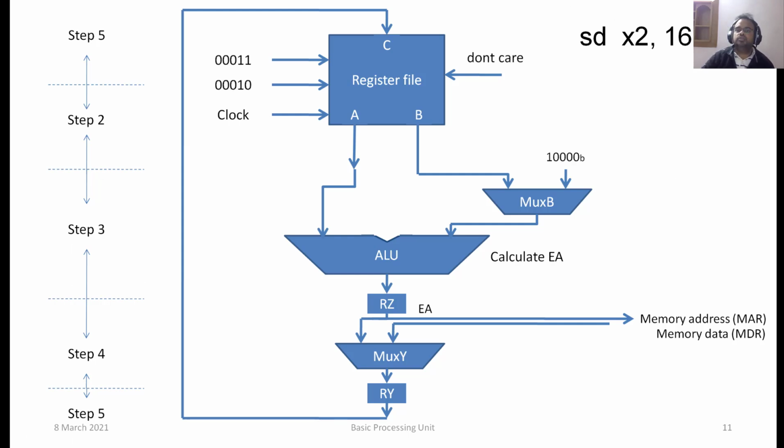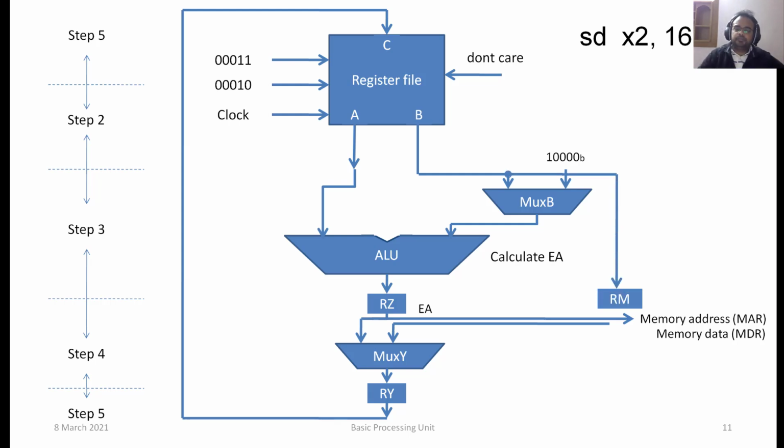Right? For this particular store instruction, the RS1 would be X3, so 00011. RS2 is X2, so we have 00010. There is no destination register, so we can say it's don't care, but we do have an immediate field which is 16. Here 1 followed by 4 zeros in binary.